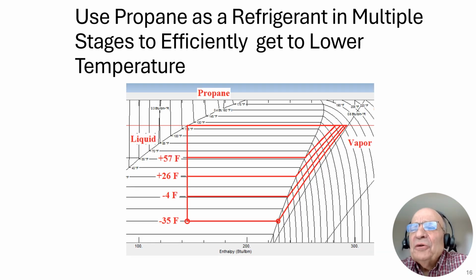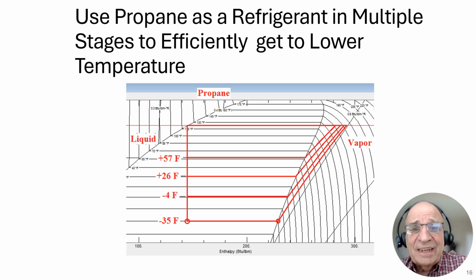Well, so far we've only talked about using refrigerant R134A, which is a great refrigerant for our car air conditioning system. But if you want to go to lower temperatures, you saw before we went to 0 degrees Fahrenheit, but our refrigerant pressure was only 20 psi absolute. That's 5 psi gauge.